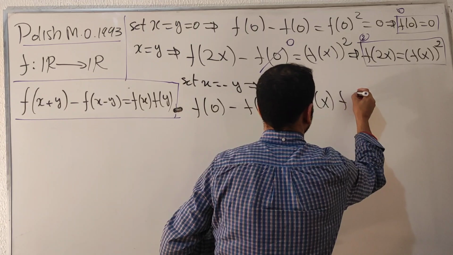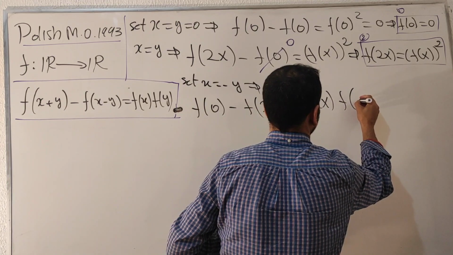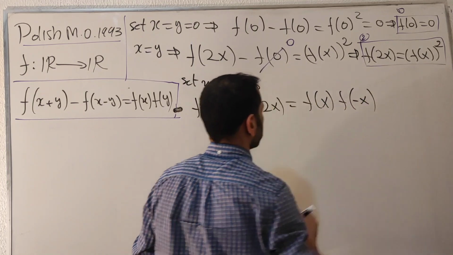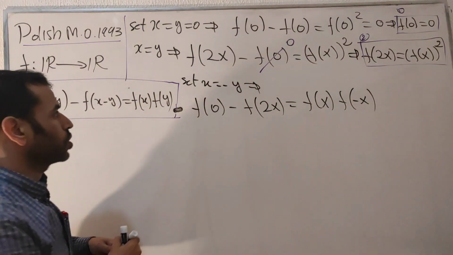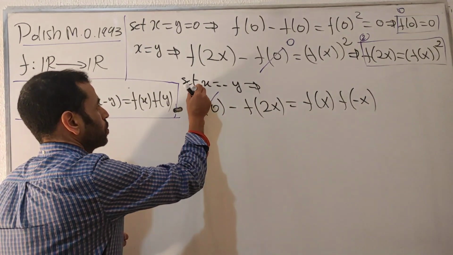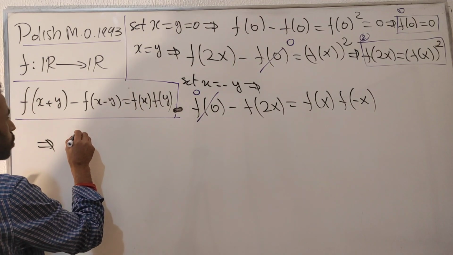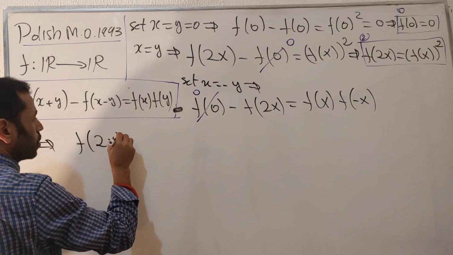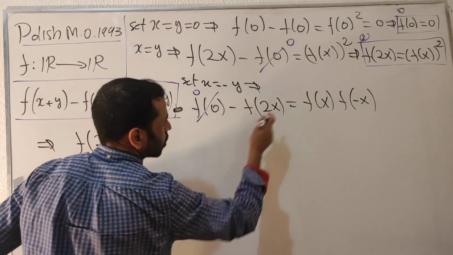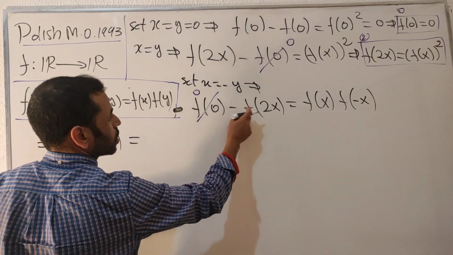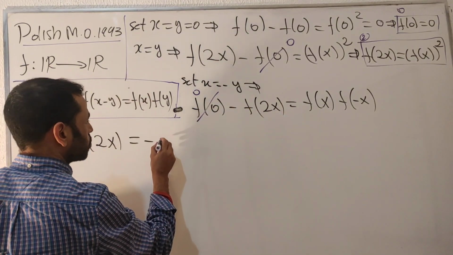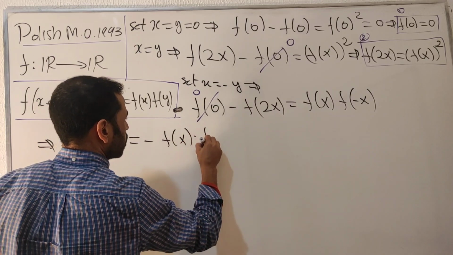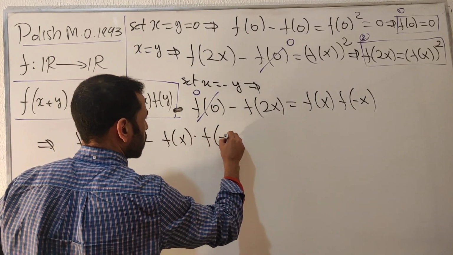The other one is given as minus f of x multiplied by f of minus x, like this. So this one is already 0. I have determined f of 2x by moving this minus sign to the right side of this equation, so you get minus f of x multiplied by f of minus x.